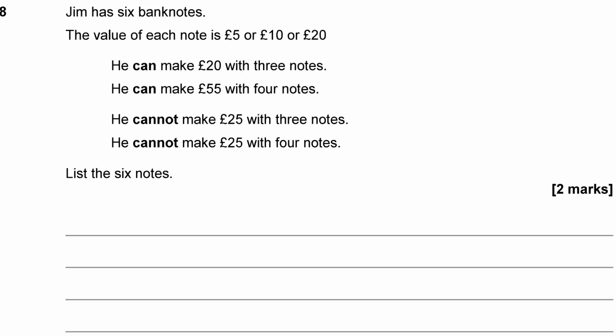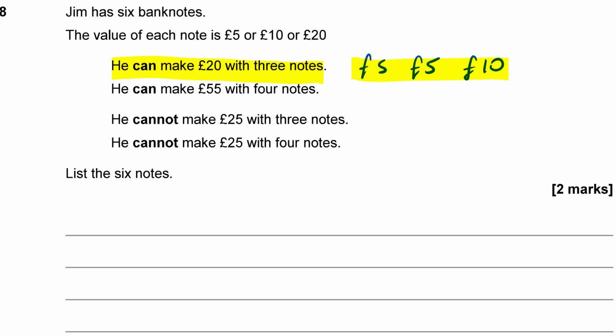How can you make £20 with 3 notes? Well, you can make it if you've got a £5, a £5, and a £10. Are there any other ways of doing it? No, I don't think so. With 2 £5 and a £10, that's the only way of doing it with 3 notes.